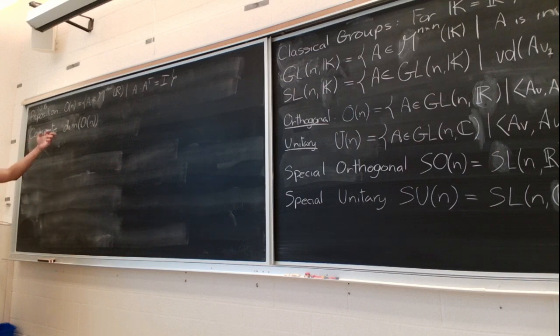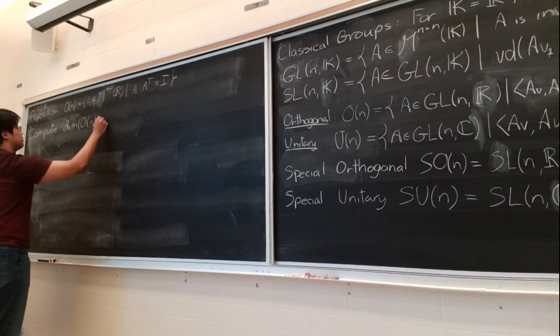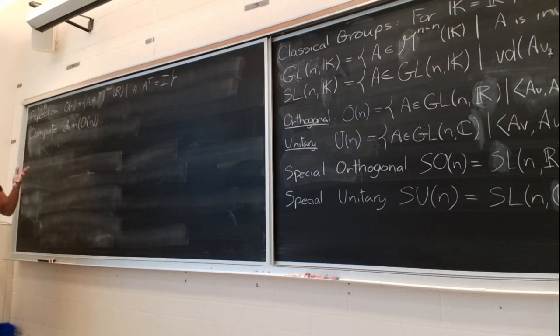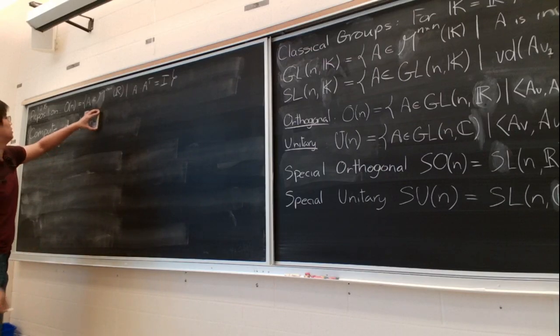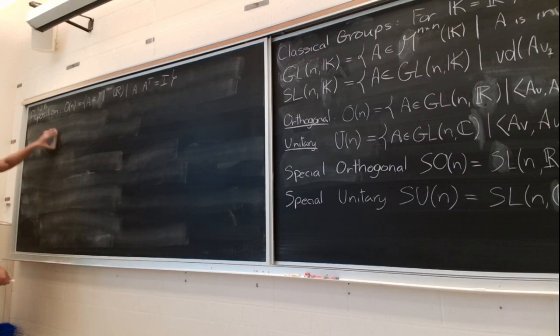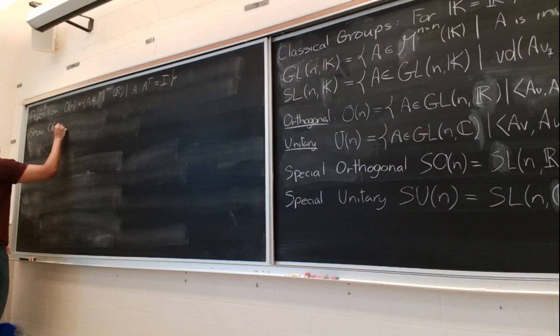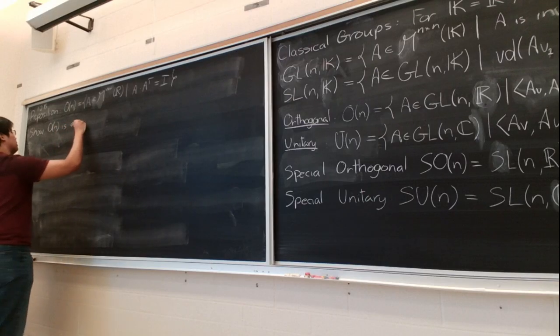I guess this exercise, the inspiration for, or at least if we analyze this, it's not just that we want to compute the dimension of ON. We want to show that ON is a manifold to begin with, right? We want to give it some manifold structure. We're not going to show it's a manifold with all detail.